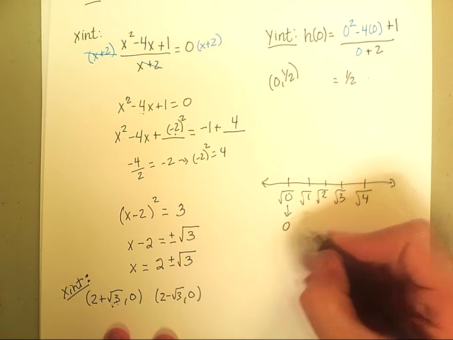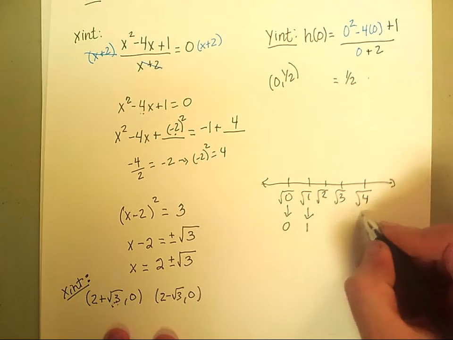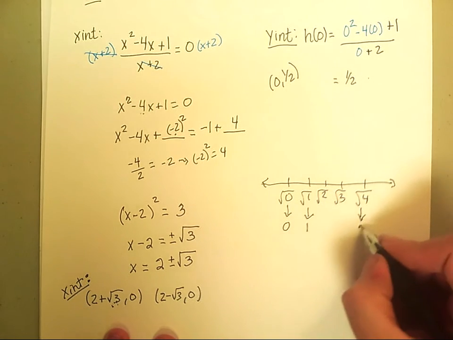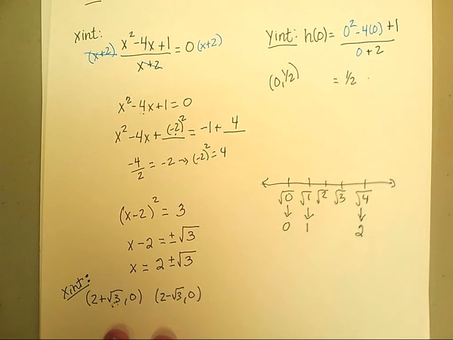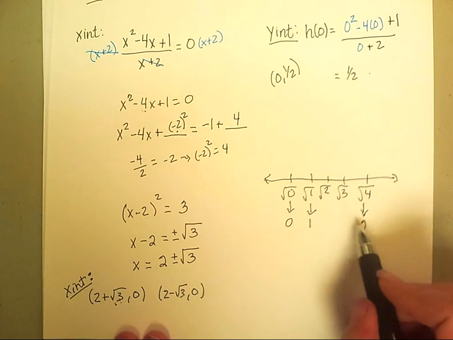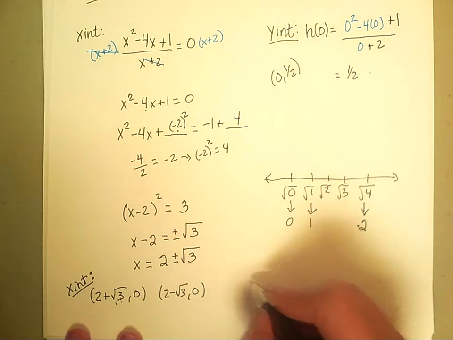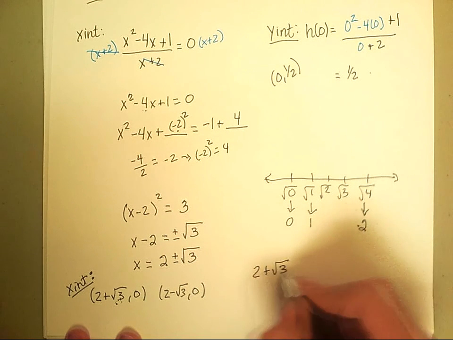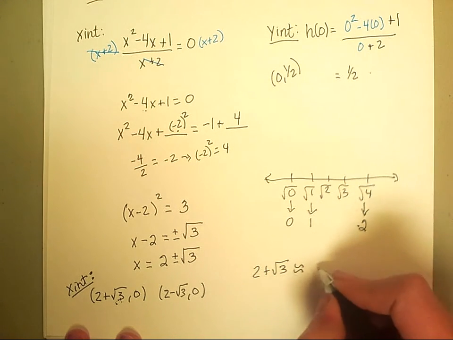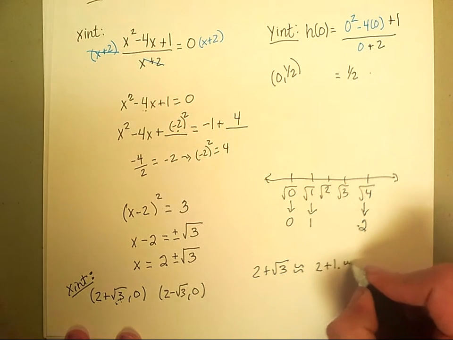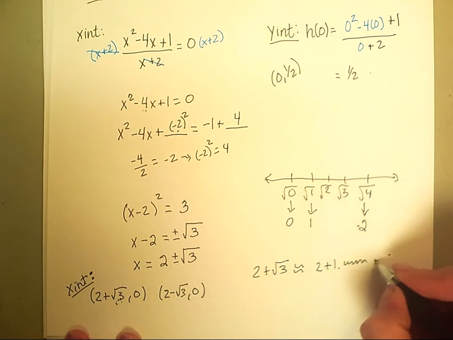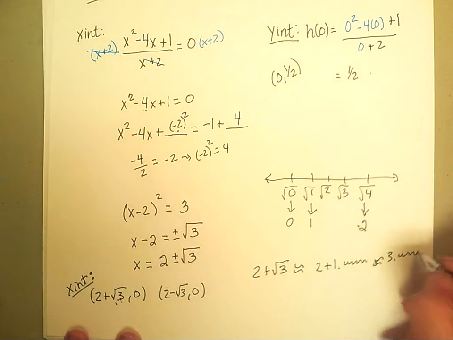Okay. Square root of 0 is 0, square root of 1 is 1, square root of 4 is 2. Okay. So it's just a little bit less than 2. So 2 plus root 3 is approximately 2 plus 1 point something. Okay. So that's approximately 3 point something.